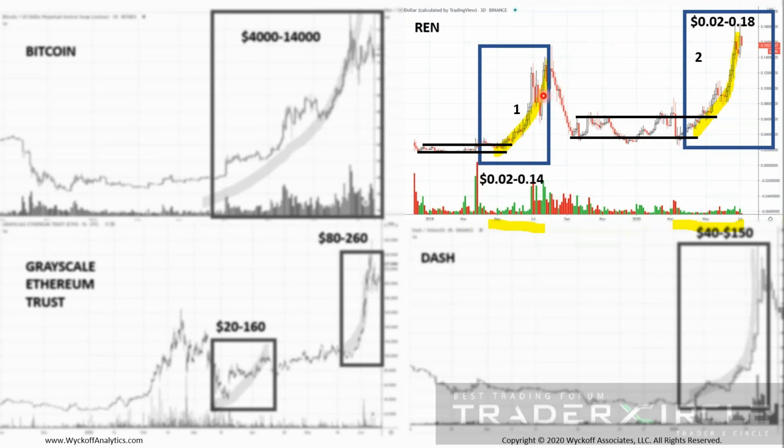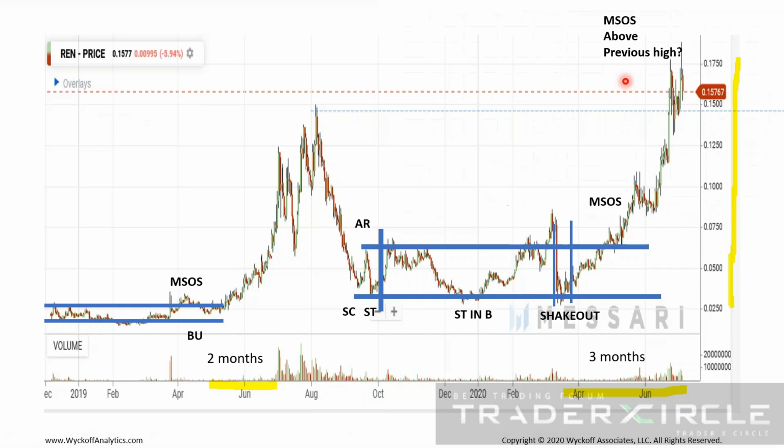We see 2 10-bagger moves in a very short period, just 3 months. Unbelievable. No, it just happens all the time in crypto markets. So let's quickly analyze this chart. What do you see here? Because I just labeled it.